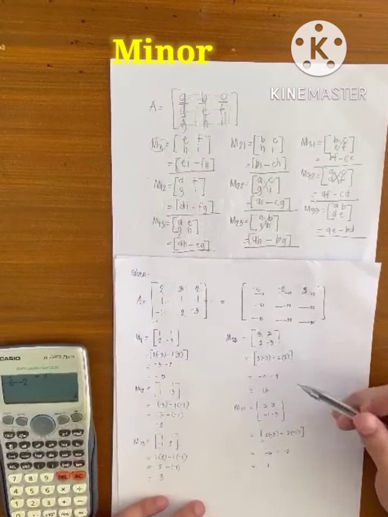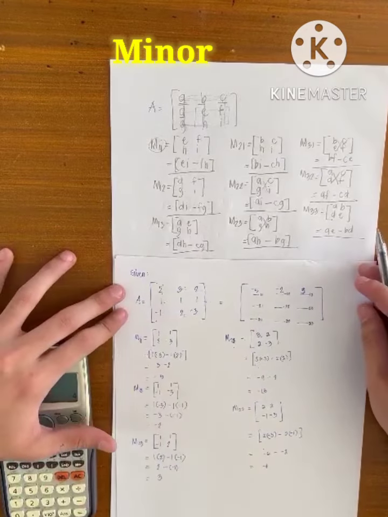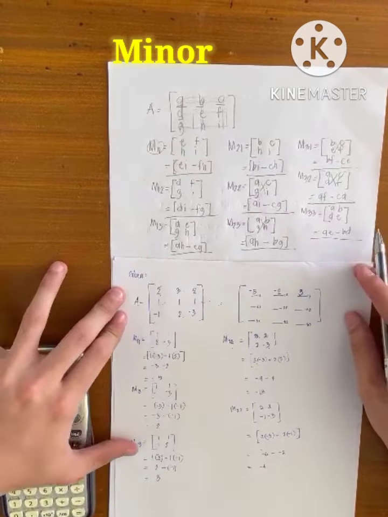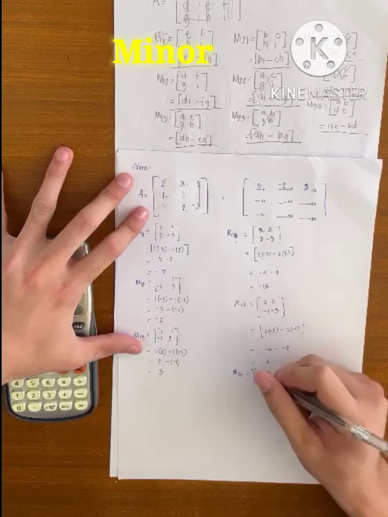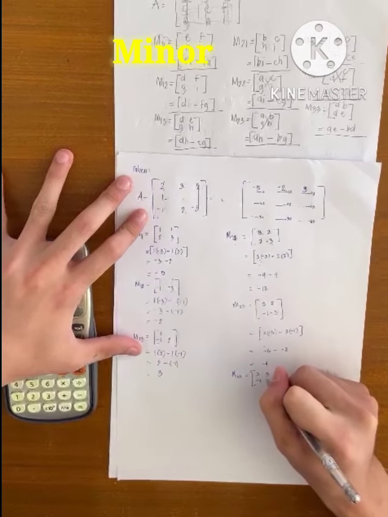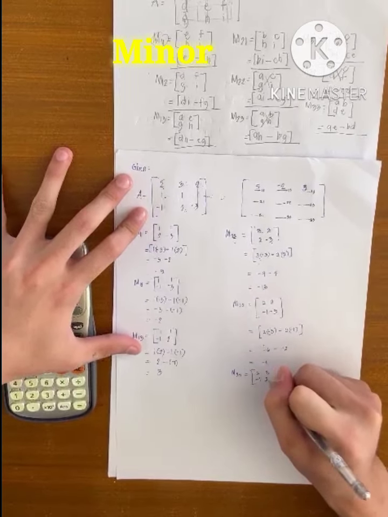And find the minor of 2, 3, row 2, column 3. The remaining elements are 2, 3, negative 1, 2.